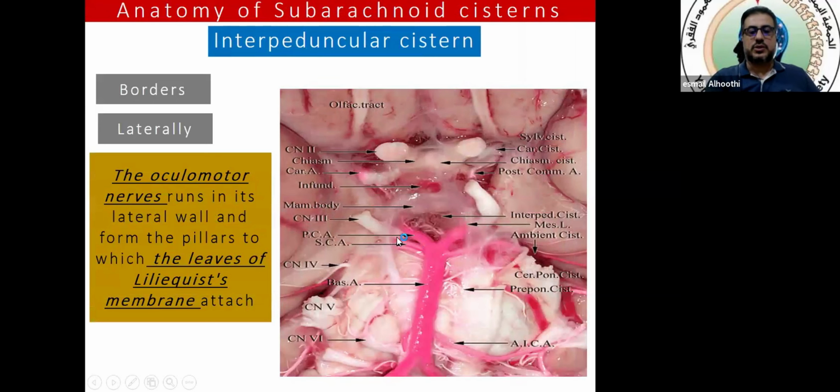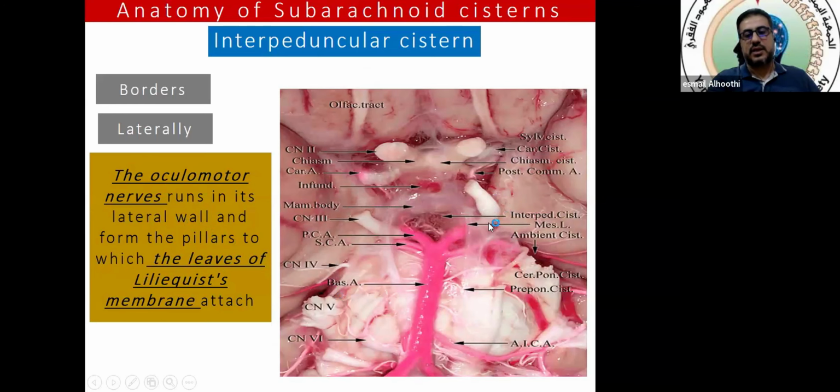Also, the oculomotor nerve is located at the lateral wall of the interpeduncular cistern. It runs in the lateral wall and forms the pillar to which the leaves of the Liliequist membrane attach.